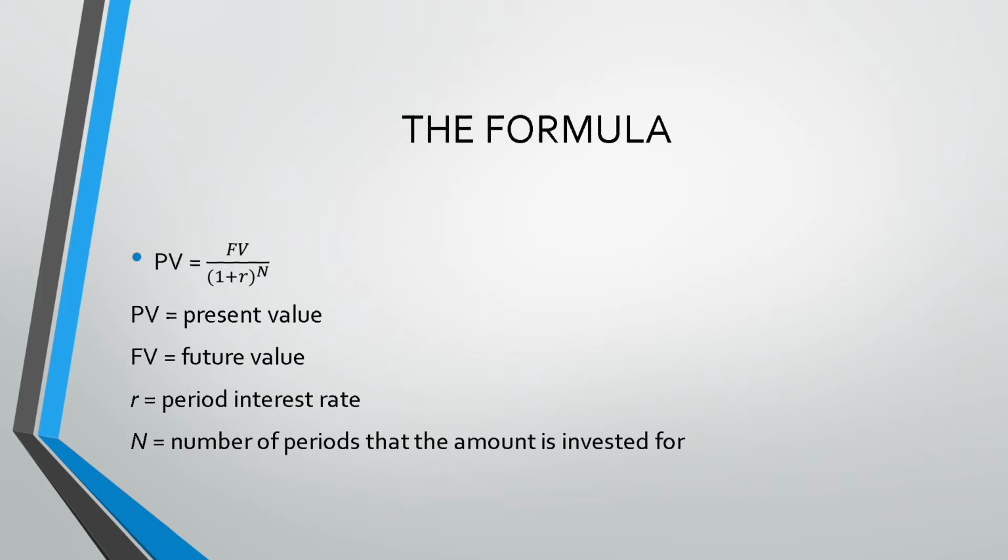Present value is equal to FV all over 1 plus R raised to N. PV is equal to present value, FV is equal to future value, R is equal to period interest rate, and big letter N is the number of periods that the amount is invested for. I hope that's clear.